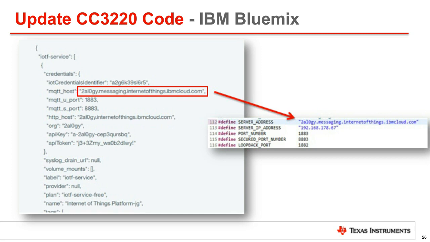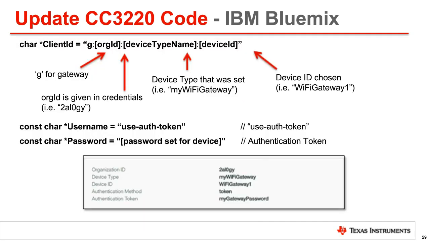The first thing we want to update is changing the server address that was generated from our IBM Bluemix setup to be used by our MQTT client. Next, we will use the device credentials that were generated when we added the gateway instance to our account. The first three of these, Organization ID, Device Type, and Device ID, will be used to set the client ID used by the MQTT client.